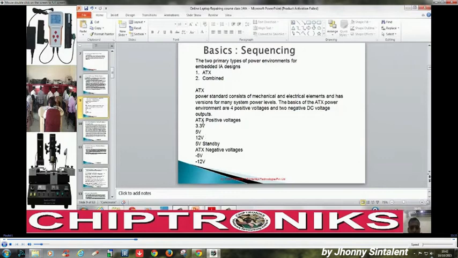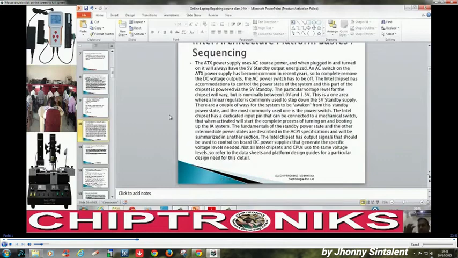You can see in the SMPS 3.3 volt, 5 volt, 12 volt, 5 volt standby, and -5 volt and -12 volt. These are the 6 kinds of voltages that we talk about in desktop power sequencing. There is a power sequence for the desktop motherboard as well, but we'll talk about it in a special class after completing the notebook motherboard, and how it is different from a notebook motherboard.